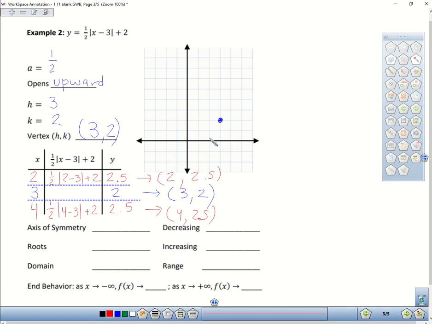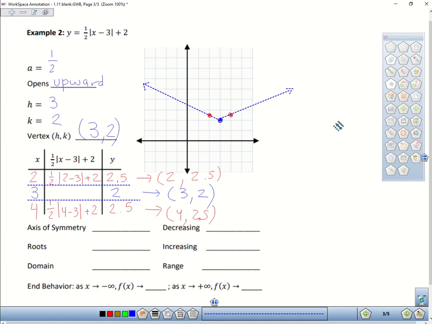So 2.5 is going to be like right here, and 2.5 is going to be like right here. So when I graph that, it's going to look something like this. And what are your observations about this versus the last one?